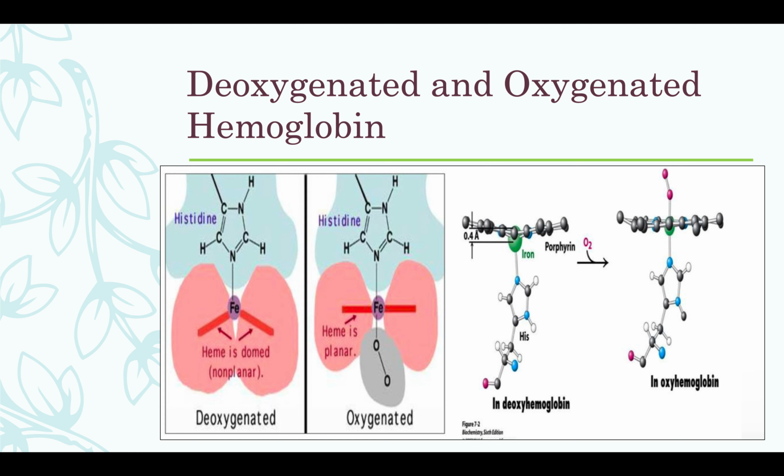Now, when amino acids in hemoglobin are shifted due to oxygenation, the structure of the interfaces between the four monomers is altered. So this is the reason why when a single heme group binds oxygen, the whole protein changes its shape such that it becomes easier for the other three monomers to bind oxygen. So if you're getting at what I'm saying here, this is the cooperative binding.